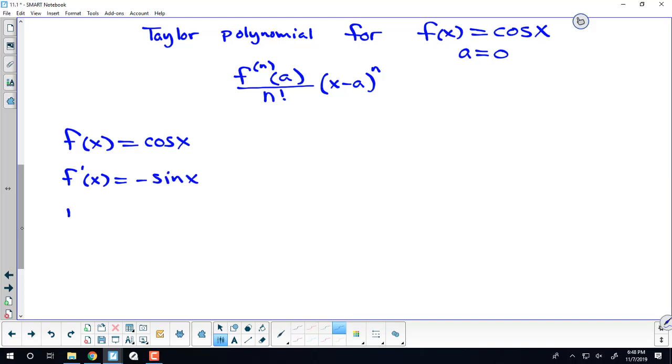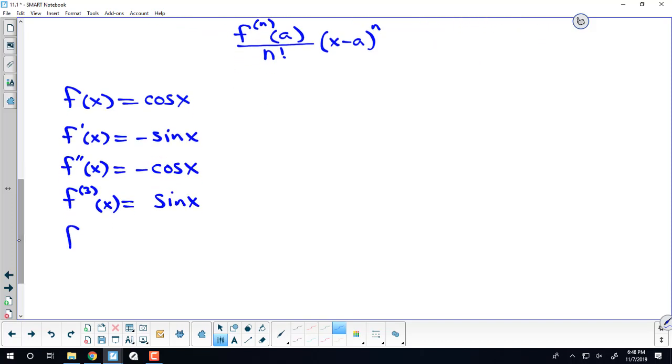First derivative, negative sine. Second derivative, negative cosine. Third. Fourth. Fifth. And the 6th.